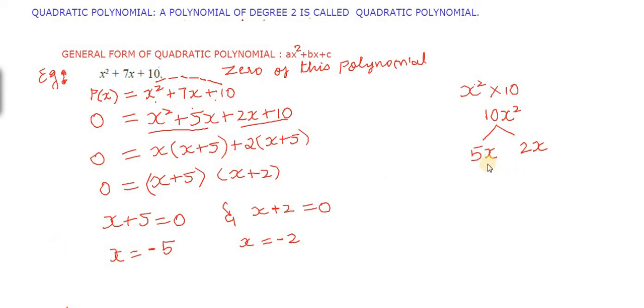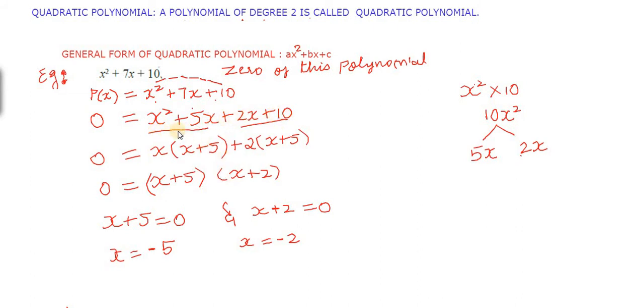Yes, that is nothing but 5x and 2x. 5 twos are 10, x into x is x square, and 5x plus 2x is 7x. Now we can replace 7x with 5x and 2x. So x square plus 5x plus 2x plus 10.